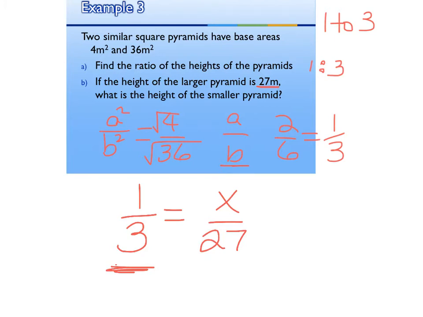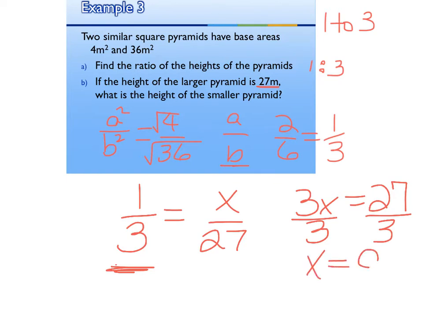If they told me that was the area, then I would have used the other scale factor, the 4 over 36. So I'm going to cross multiply here. 3 times x, 1 times 27, divide by 3. And I find that the height of the smaller pyramid is 9 meters tall.